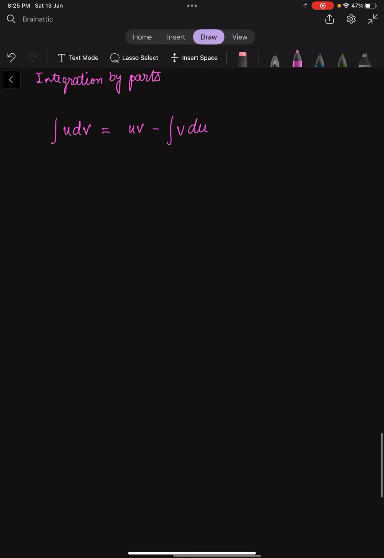What is given to us is the integral over the range pi by 4 to 3 pi by 4 of (x by 1 plus sine x) dx. Now we are going to multiply the numerator and the denominator by 1 minus sine x.